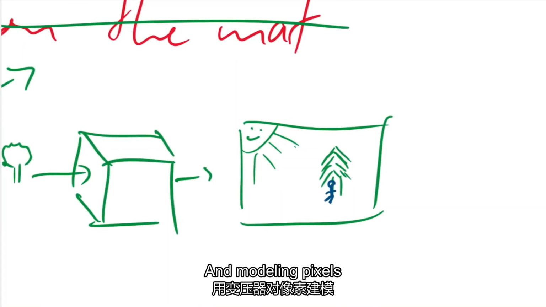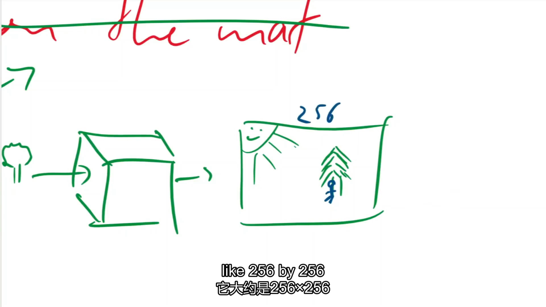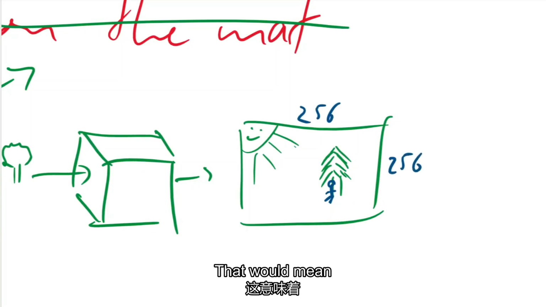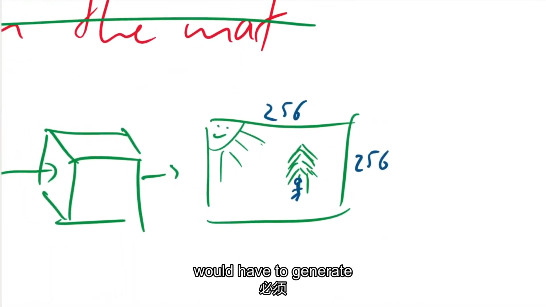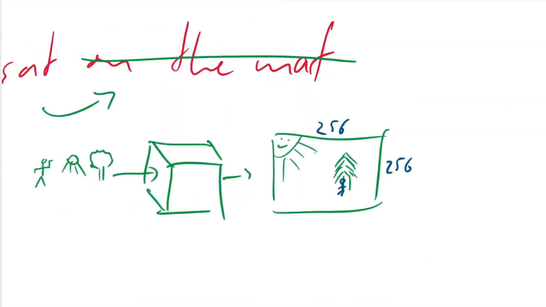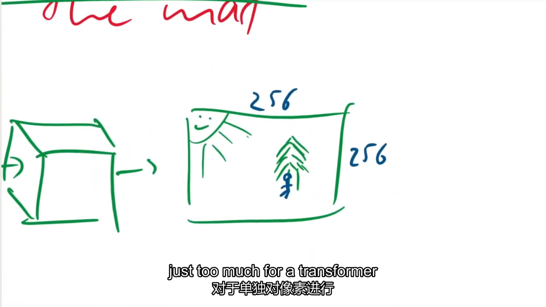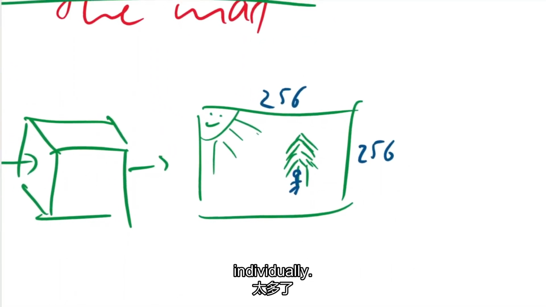And modeling pixels with a transformer is very, very hard, because in the case of our model it's something like 256 by 256 pixels. That would mean the transformer would have to generate 256 times 256, which is like 2 to the 16. This is just too much for a transformer to model the pixels individually.